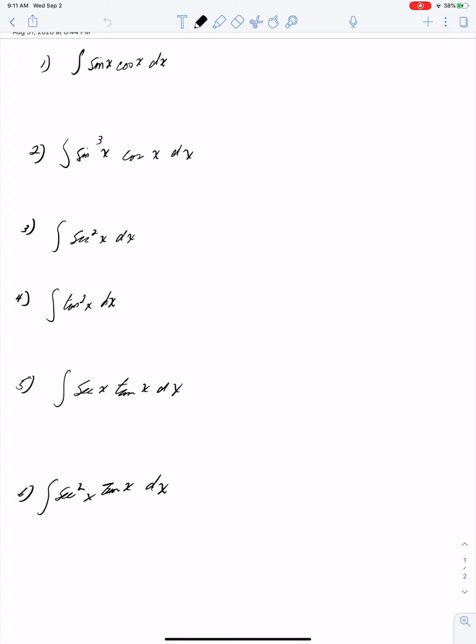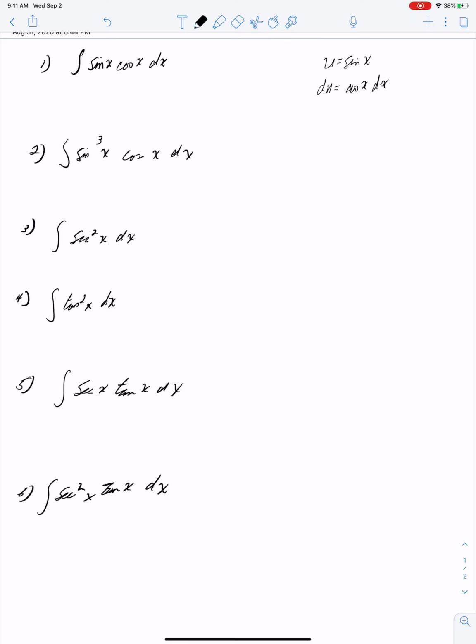Well, I claim one way you can do it is you let u be sine x. Then du is cosine x dx. And if you'll notice, that's exactly what we've got here, cosine x dx.